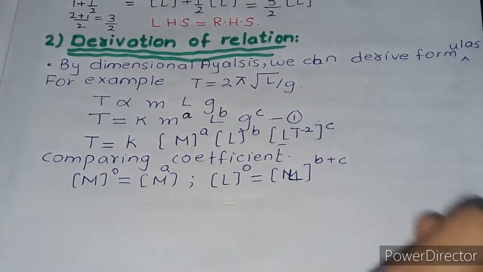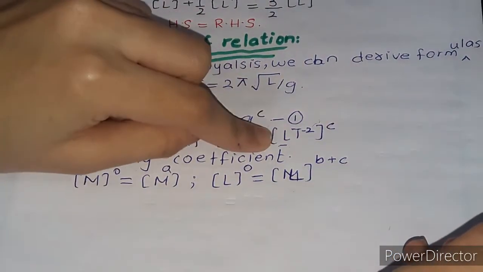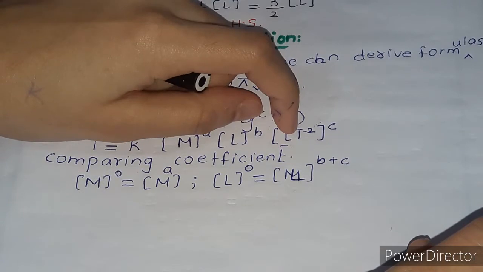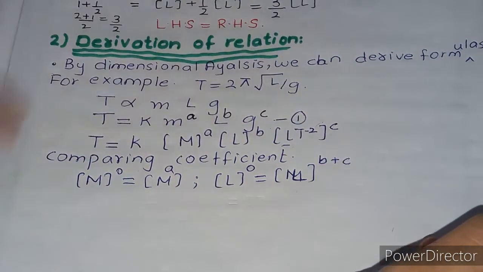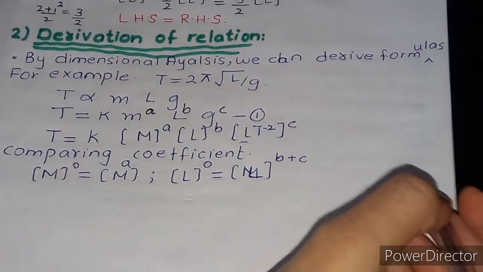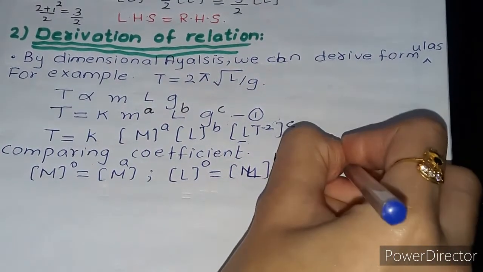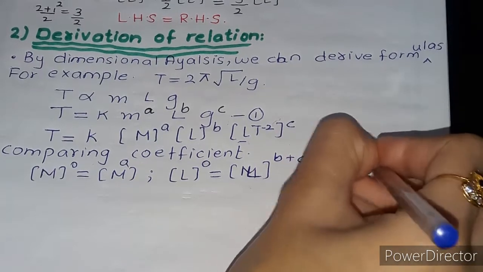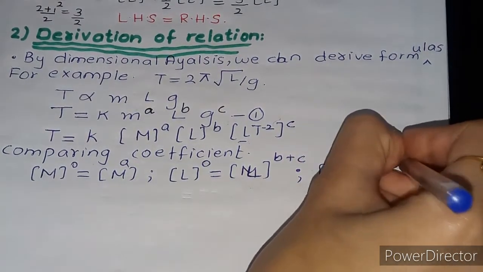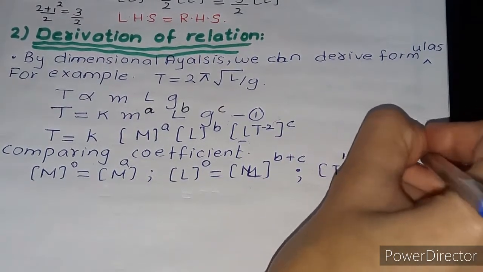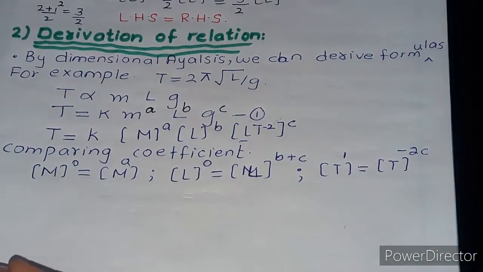Here is L, b multiplied by 1 plus c. Then we will compare the coefficient of T: T to the power 1 is equal to T to the power 2 minus 2c.